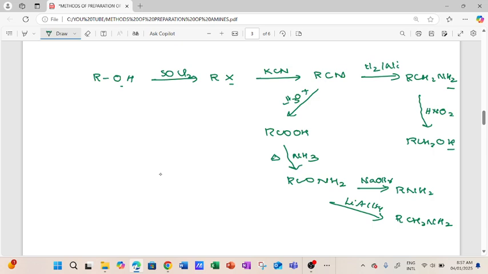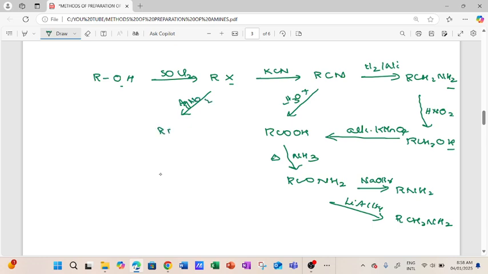Now from this RCH2NH2, you change to RCH2OH, alcohol. That alcohol you can convert into acid by oxidation with a strong oxidizing agent like alkaline KMnO4. Now take the alkyl halide and react it with AgNO2, a reaction covered in haloalkanes and haloarenes.